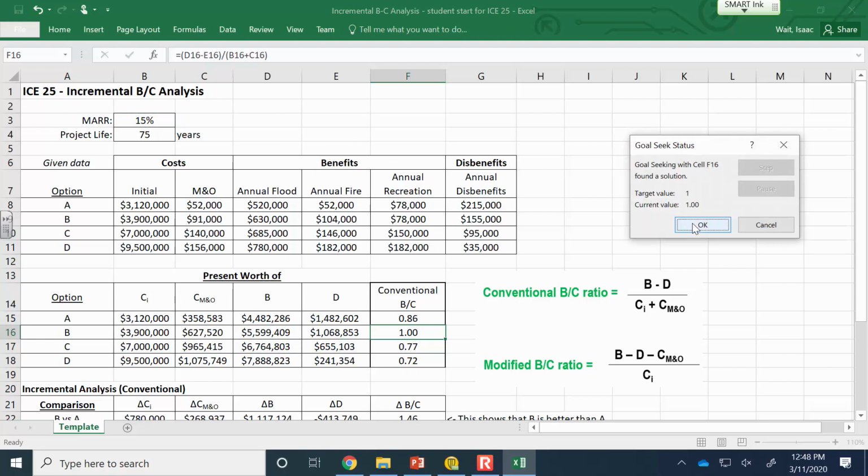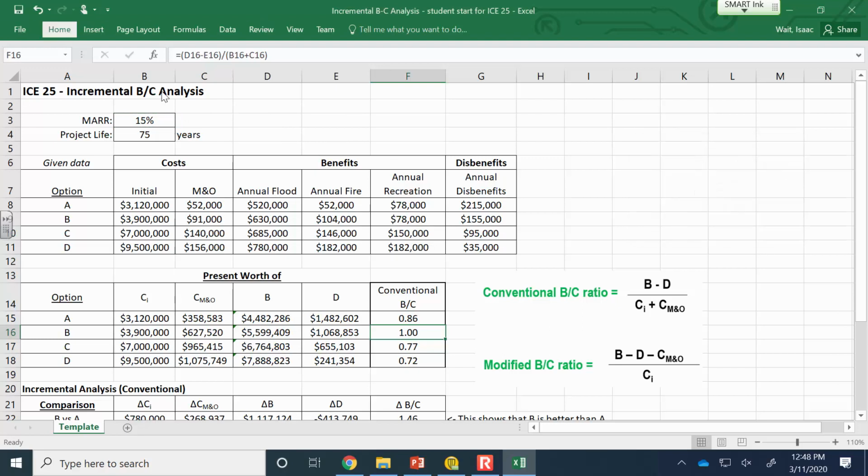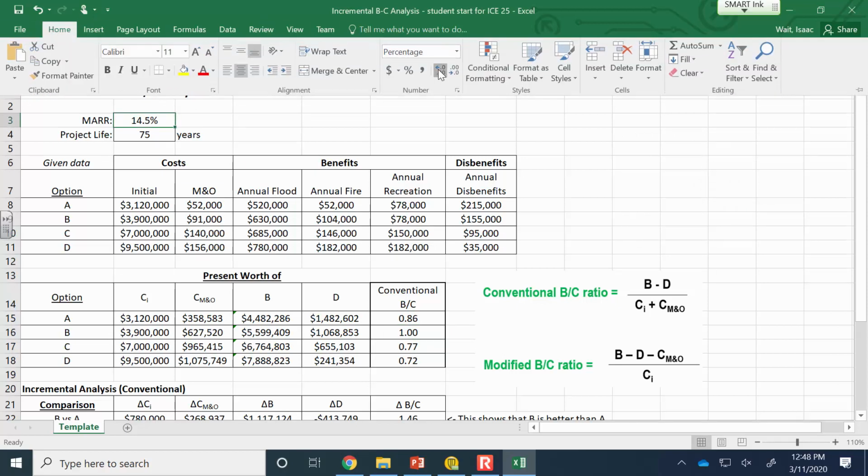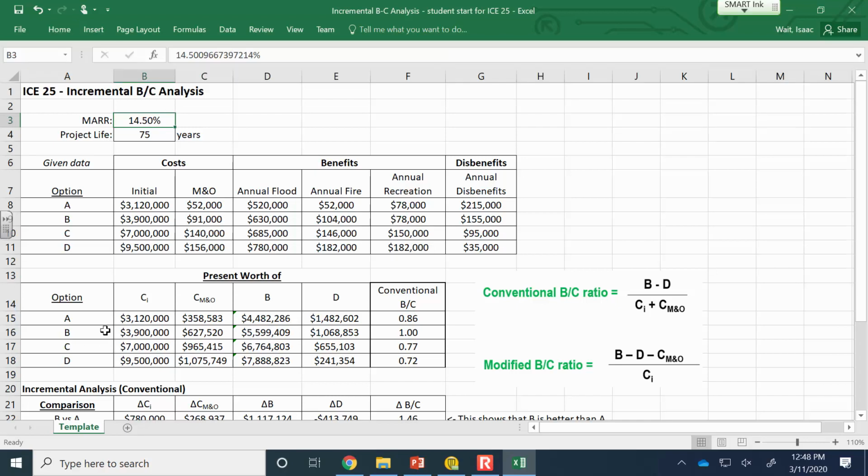And when we do that, and show a few more digits in the interest rate here, just so we can get some precision, even if interest rates go up to 14.5%, we can still have a flood control option. Alternative B is still acceptable even if interest rates go that high.